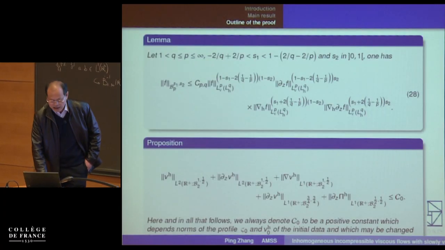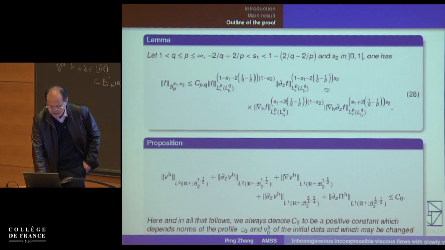plus this interpolation inequality between anisotropic Sobolev spaces, which means the function belongs to L^p in the vertical variable and L^q in the horizontal variable, and ∂_z f also belongs to this space, the horizontal gradient of f also belongs to this space, and the horizontal gradient times ∂_z f also belongs to this space, then we can prove f belongs to this anisotropic Besov space.